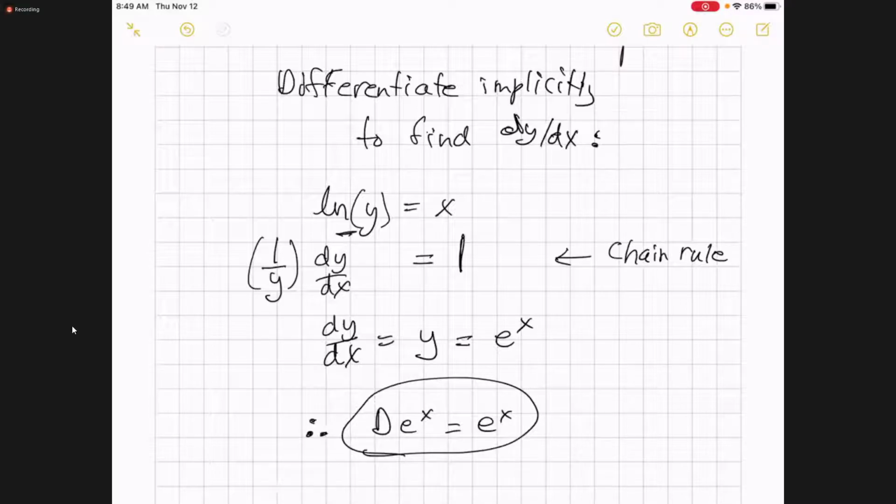In fact, if you consider any constant times e to the x, that's also its own derivative. But those are the only functions that have that property.